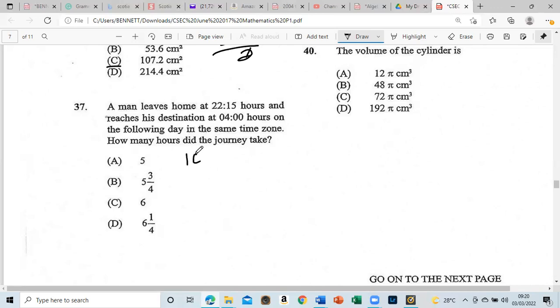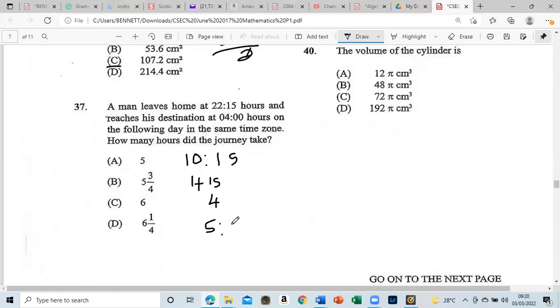So that's 10 hours, 15 minutes, and then reach 4. Alright, so I want to see how much it needs to reach 2:00. You add 200 to 12, so 45 minutes carry to 11. So that's 1 hour and 15 minutes, or 1 and a quarter. 15 minutes is a quarter. So we just add 1 to 4, we get 5. So it's 5 hours and 15.